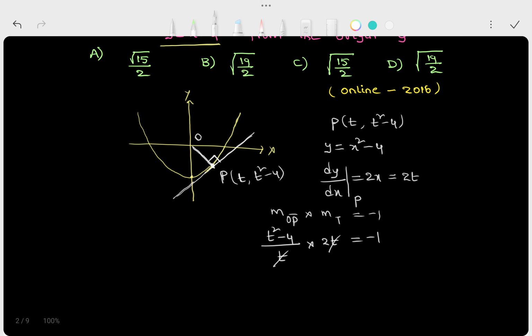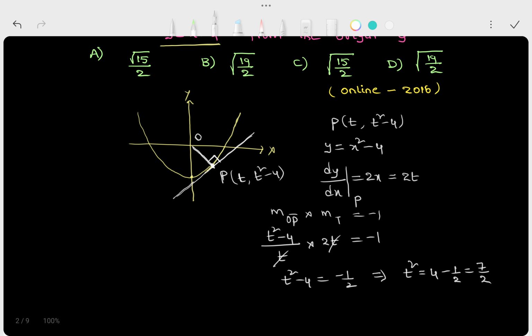Here t and t will be cancelled. Therefore t square minus 4 equals minus 1 by 2. So what is the t square value? t square equals 4 minus 1 by 2, that is 7 by 2.